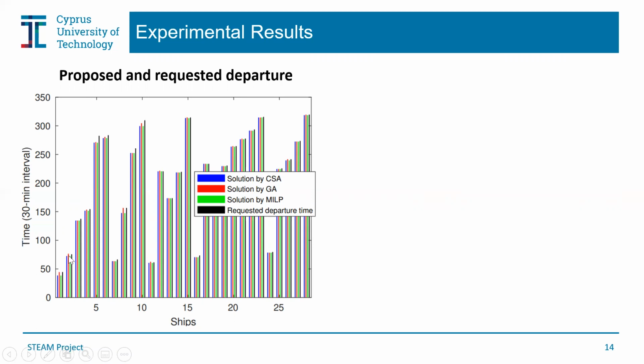Using the genetic algorithm, ship 2 is departing late by only 1 hour. Other than this, all the other ships depart early before the requested departure time, even using Cuckoo search algorithm and mixed integer linear programming. So only one ship departs late, using the genetic algorithm.